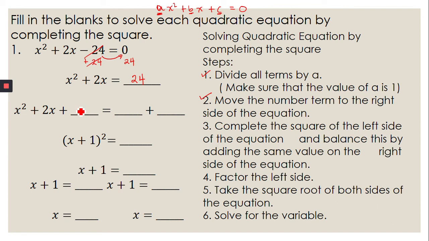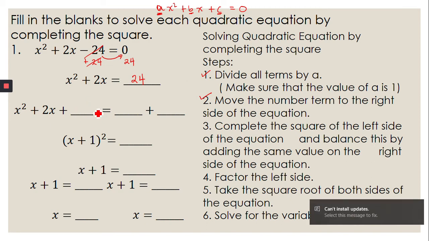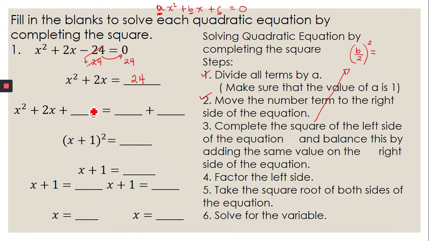We want to put something here, and the number that we're going to put here comes from the value of your b. This is your step number 3. That will be b over 2 squared. This is the formula that you need to get the number here to make it a perfect square trinomial.